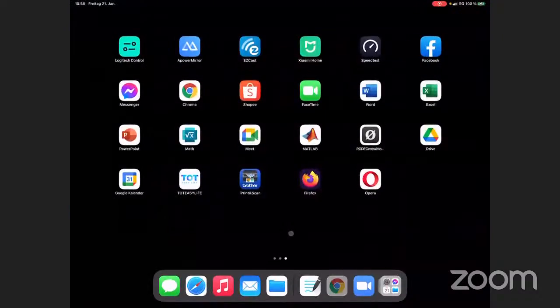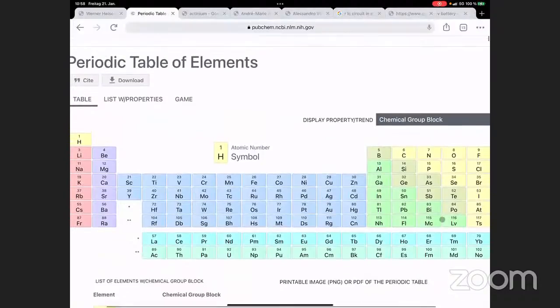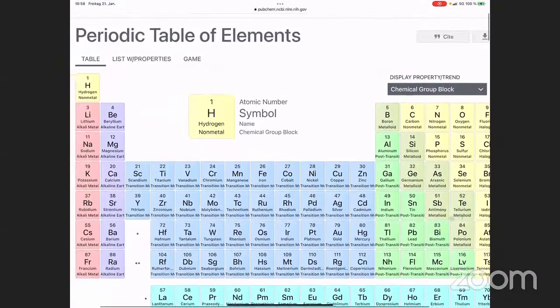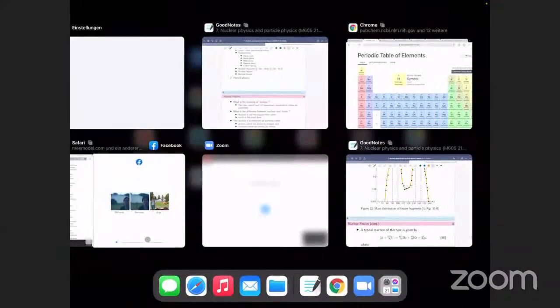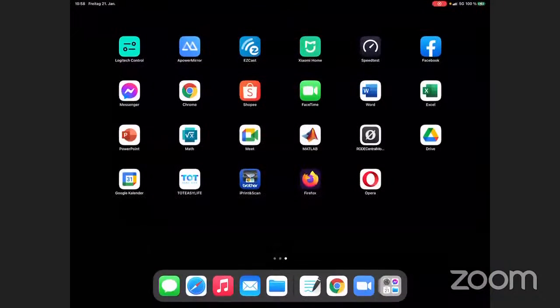The number of protons is 56. Where is that? No, 56 is here. Oh, sorry for that. 56 barium here.